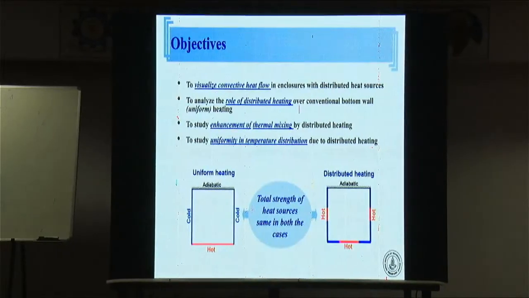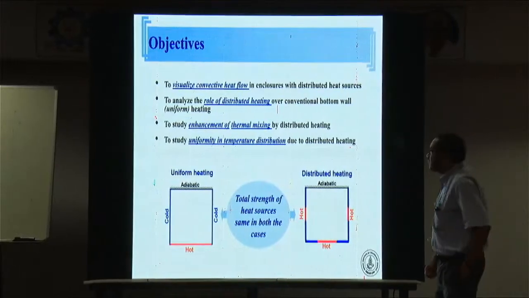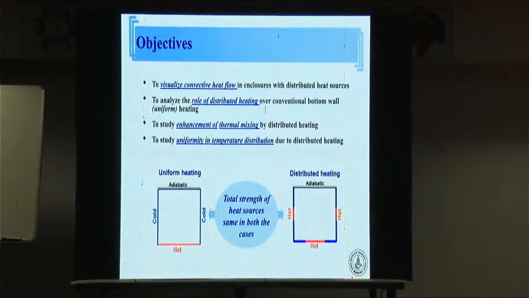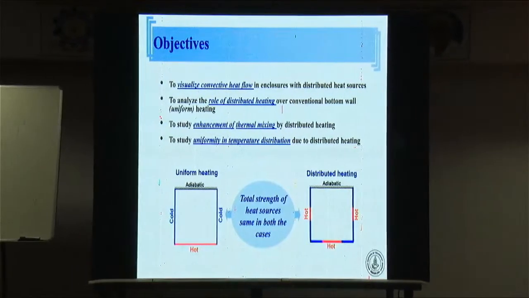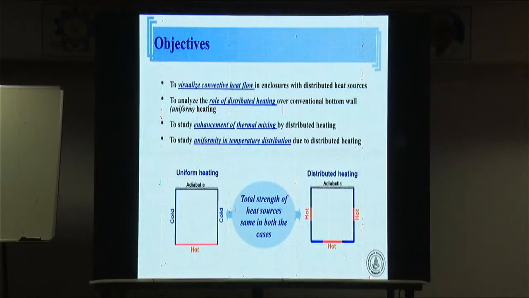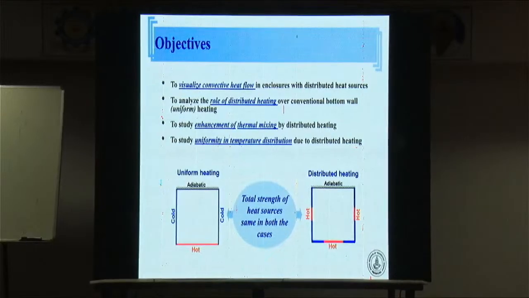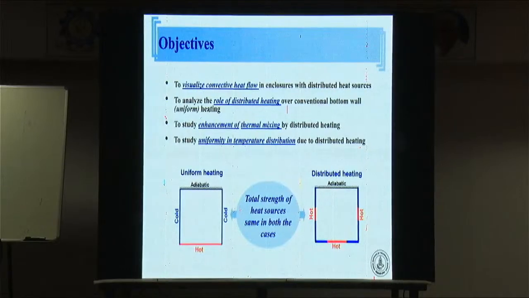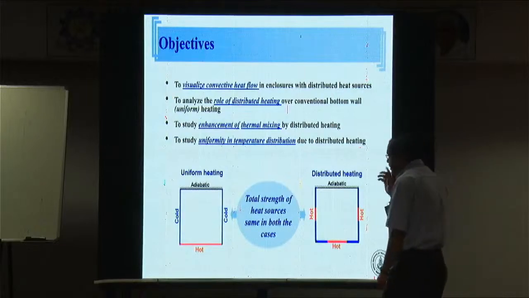So, the objectives: to visualize convective heat flow in enclosures with distributed heat sources, to analyze the role of distributed heating over conventional bottom wall or uniform heating, which we have discussed, to study the enhancement of thermal mixing by distributed heating, and to study uniformity in temperature distribution due to distributed heating. You can see the two cases we want to compare.